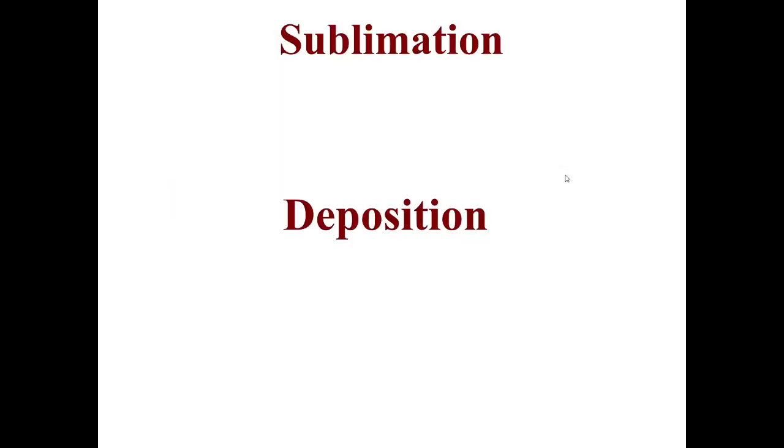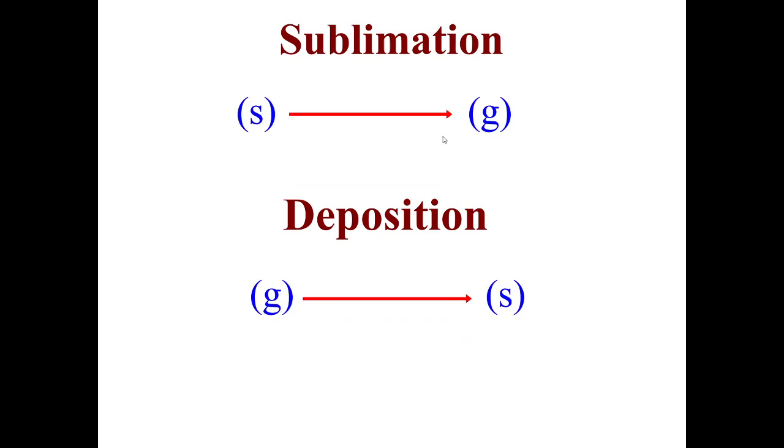All right, so sublimation and deposition. Sublimation is going from that solid to a gas. An example of this, it doesn't happen a whole lot in the natural world, but think about in winter, if it hasn't snowed for a long time and the fields are covered in snow, you may notice that the snow starts to leave after a while.